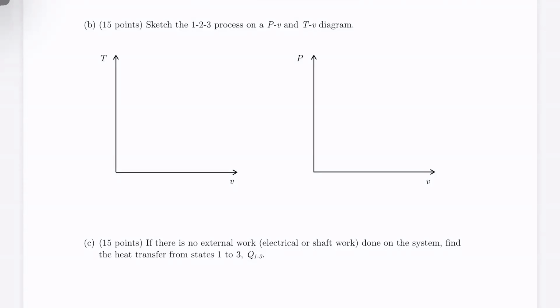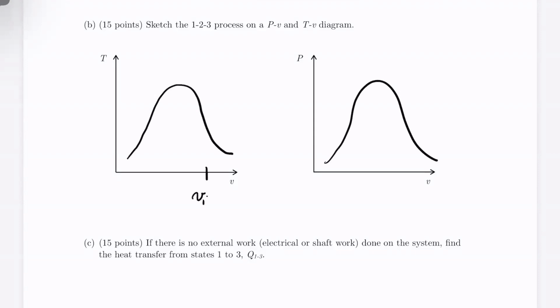So I'm going to draw my vapor dome first on here. And then I'm going to also mark that we have a specific volume for 1 and 2 that's the same. I'm drawing it over to the right-hand side because for states 1 and 2, we're at superheated vapor and then also the mixture, so we can keep it over here.